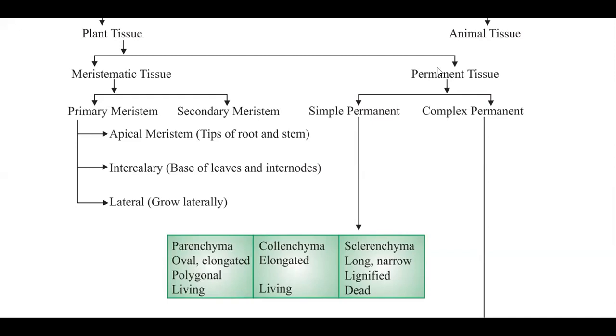And permanent tissue में हम लोगों ने, okay, so now what we have studied here is that in the simple permanent tissue, there are types: parenchyma, collenchyma, and sclerenchyma.